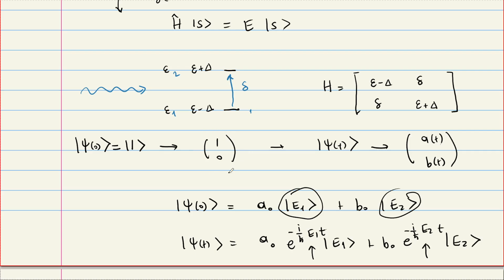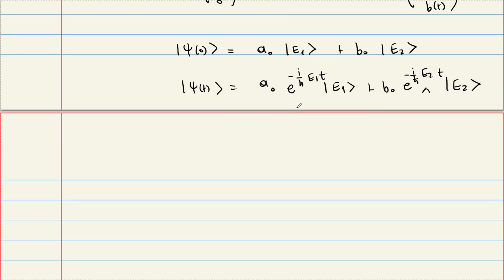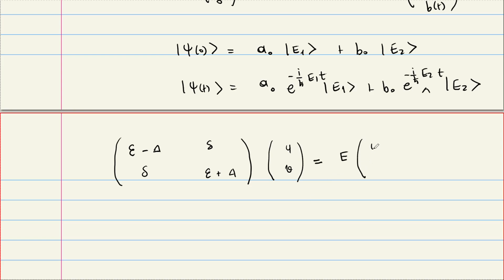So that means we need to do a little bit of linear algebra, and we need to know how to find eigenvalues of a 2 by 2 matrix. So let's do it. We have this matrix, epsilon minus delta, epsilon plus delta, with this little delta off the diagonal, multiplying some column vector u, v, and it's giving us some e times u, v.